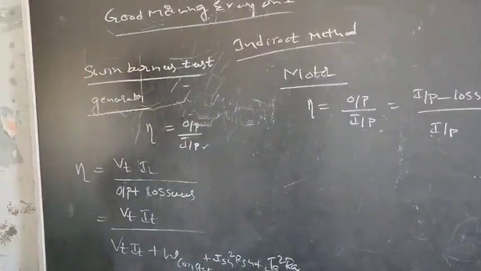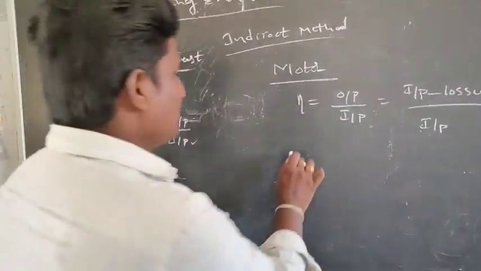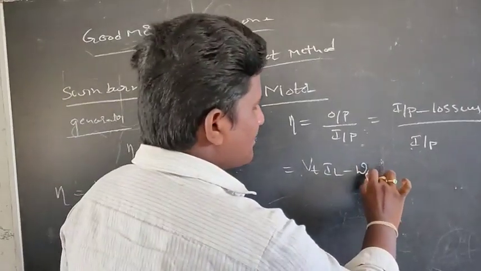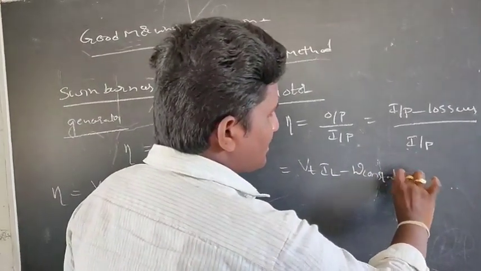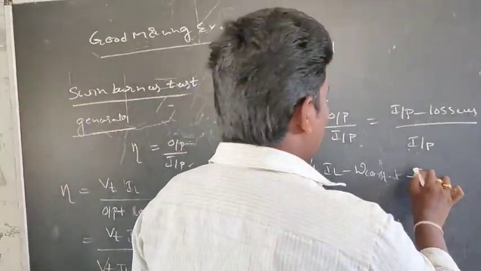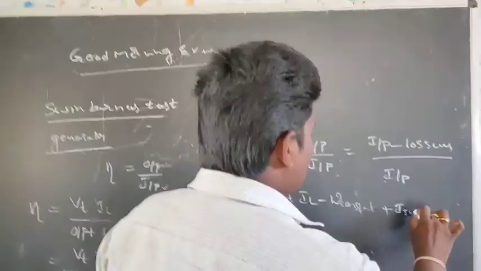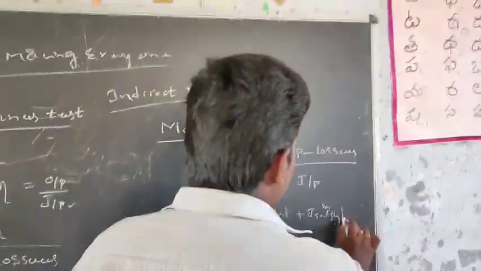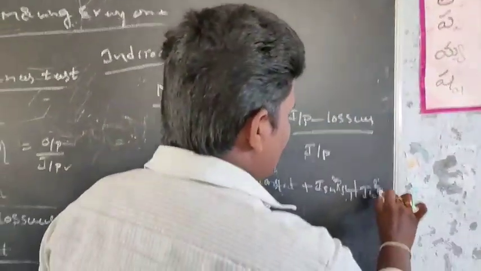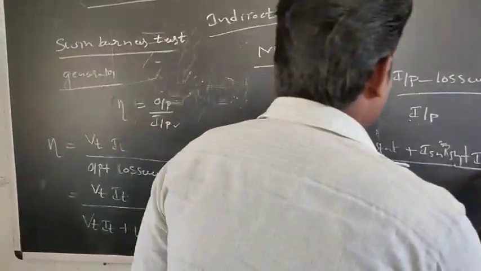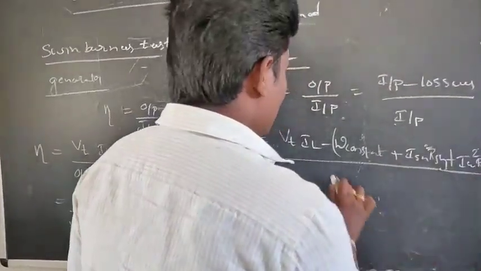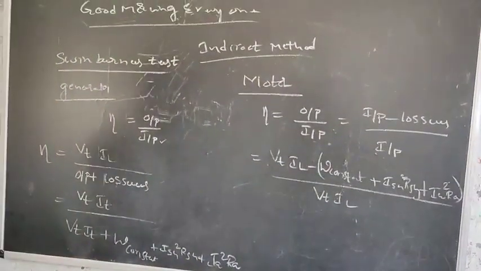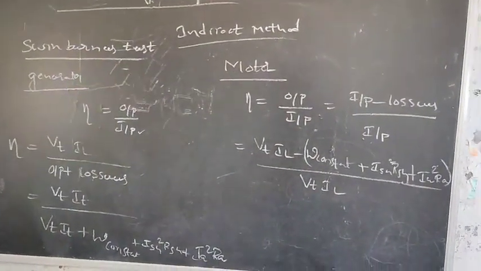Input is VT into IL. The losses from Swinburne's test are the constant losses, plus ISH square RSH, the shunt field copper loss, plus armature copper loss, IA square RA, divided by VT IL. This is the motor efficiency.